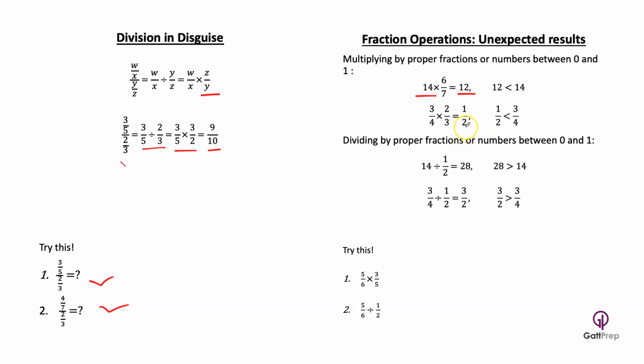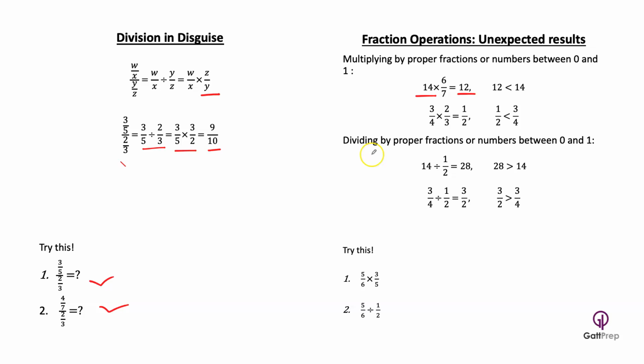And here in this situation, you realize that half is what? Less than 3 over 4. So you realize that whenever you multiply a number, it doesn't matter the number, by a proper fraction, you get a solution that is less than the original.